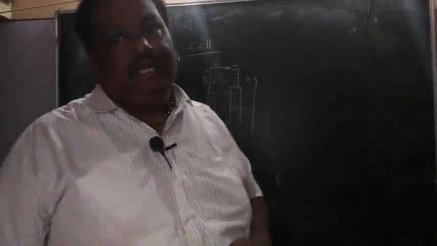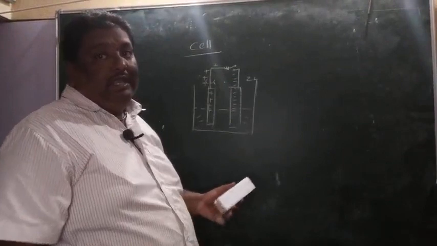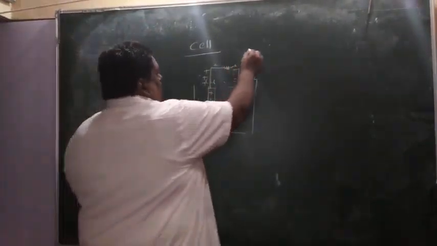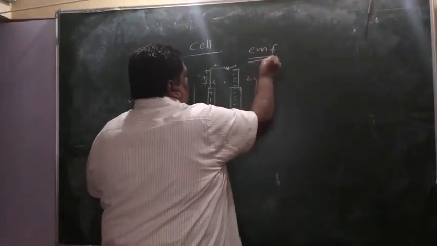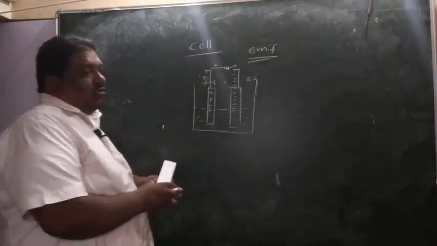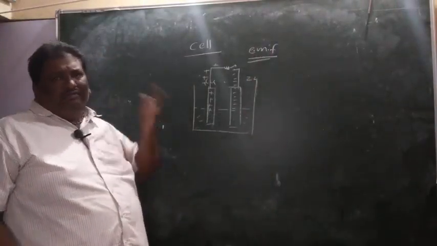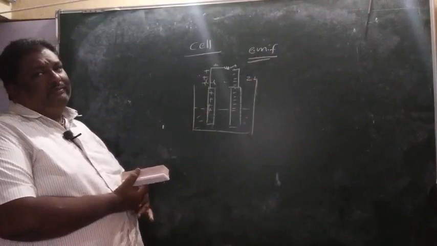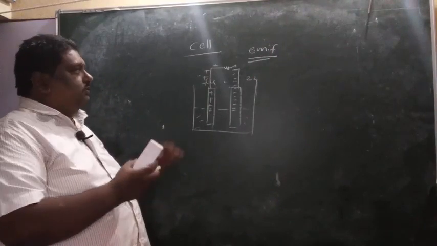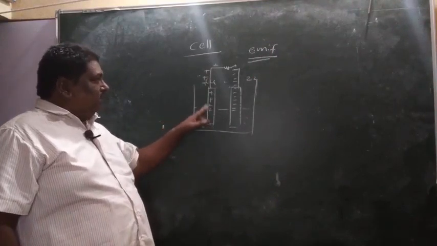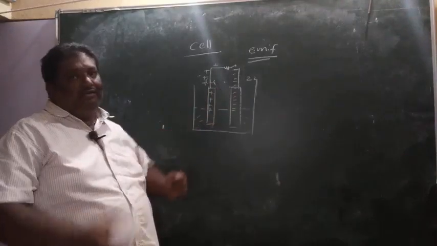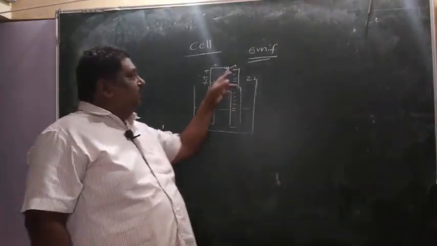That voltage is called EMF, open circuit voltage. It is electromotive force. Electromotive force is not a force, it is energy, but its name is electromotive force. The electrodes are full of charges ready to go and give maximum voltage.